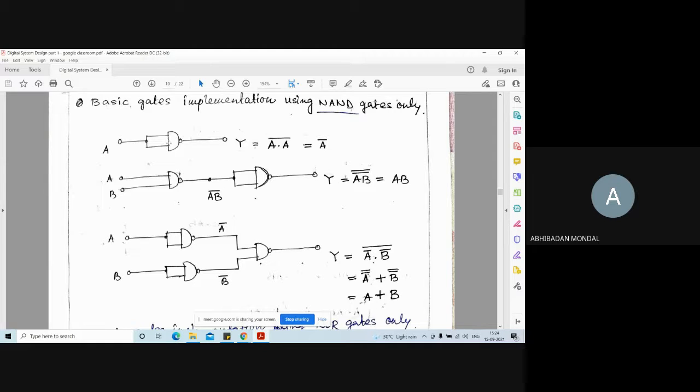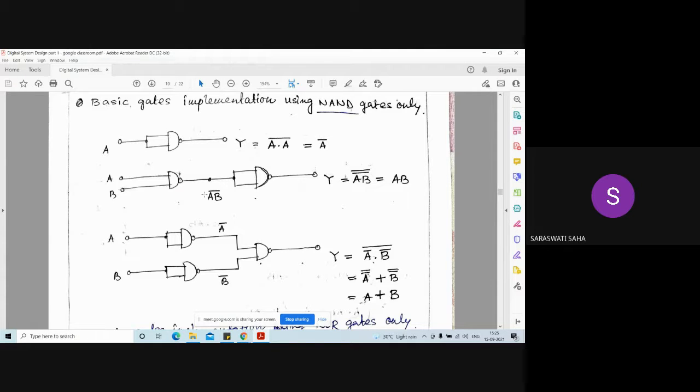Yes, ma'am. Is it clear? Yes, ma'am. Then how can we implement the AND operation from the NAND? It is very easy because it is a NAND gate, right? So if we take the complement of this, we will get the original output.